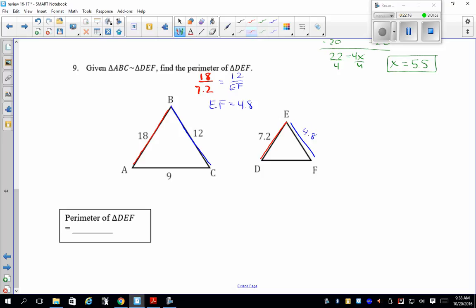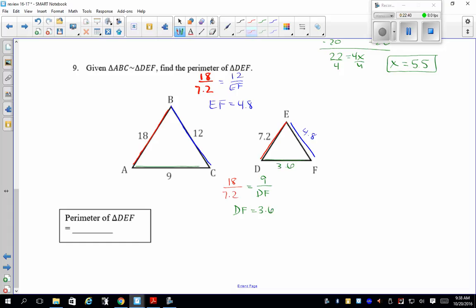Okay, now I'm going to do the same thing with the other side. 18 over 7.2 has to be equal to 9 over DF. Cross multiply, and you get that DF equals 3.6.